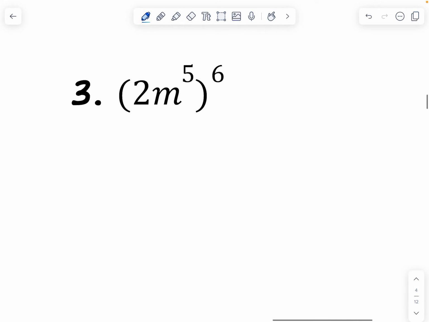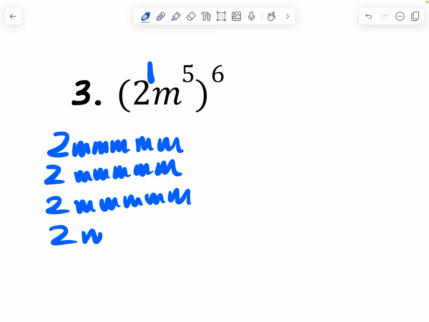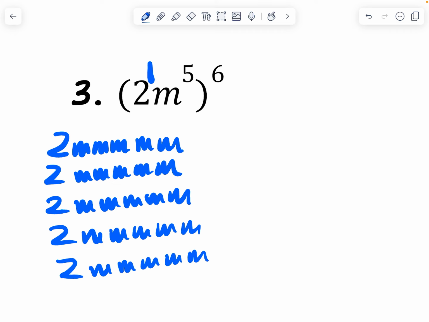This next one, remember that this has an exponent of 1, boys and girls. I had to count how many I had.